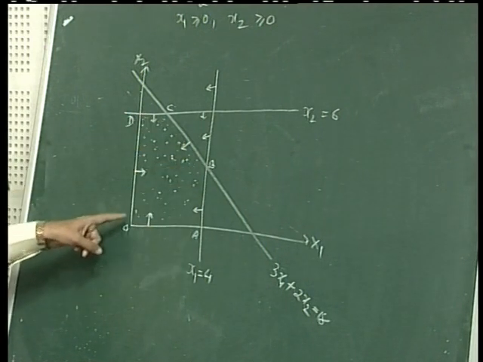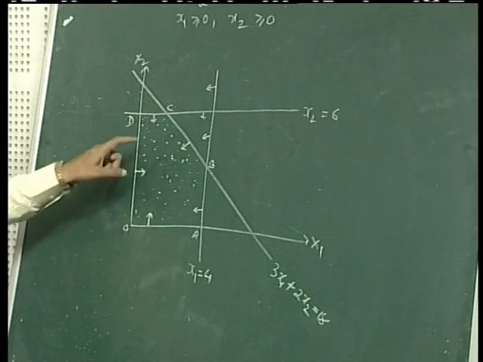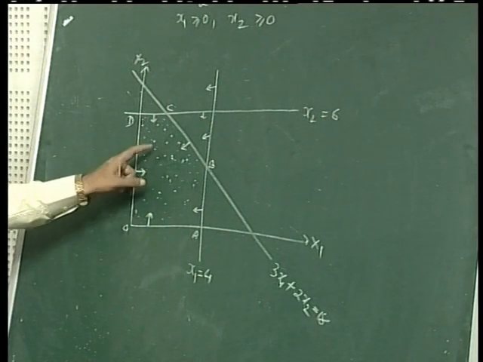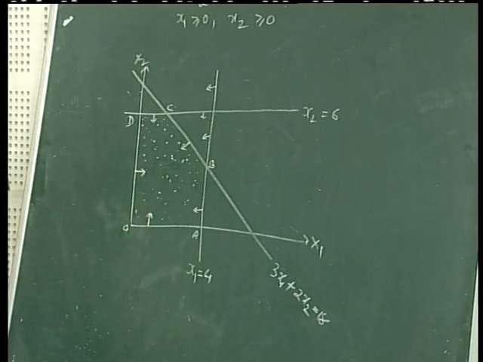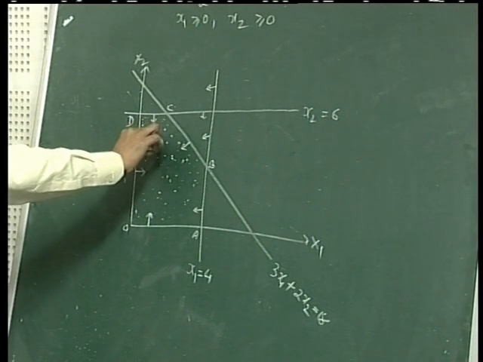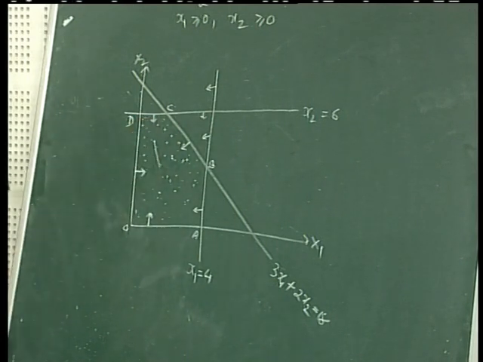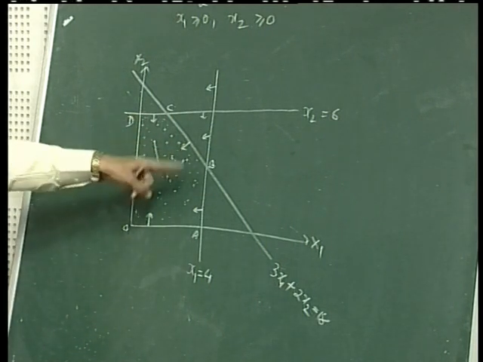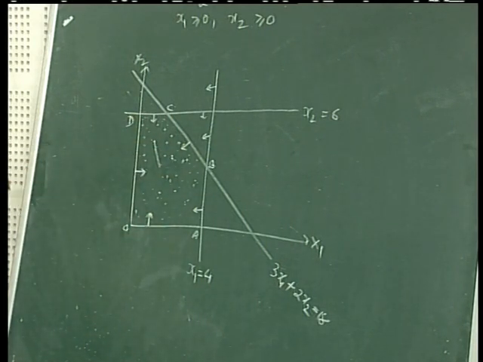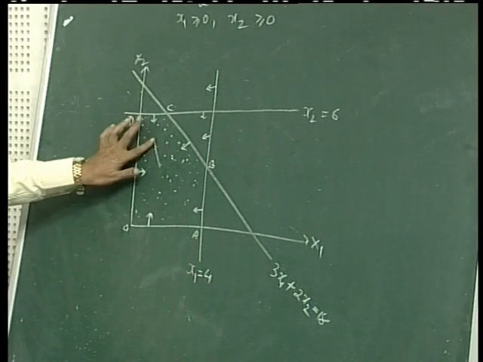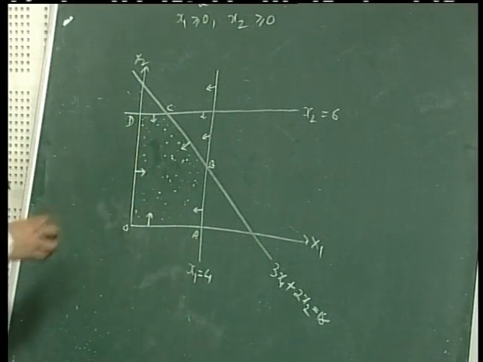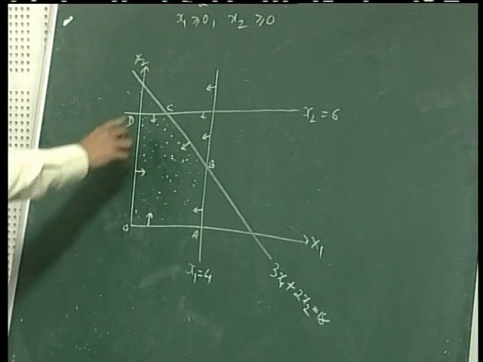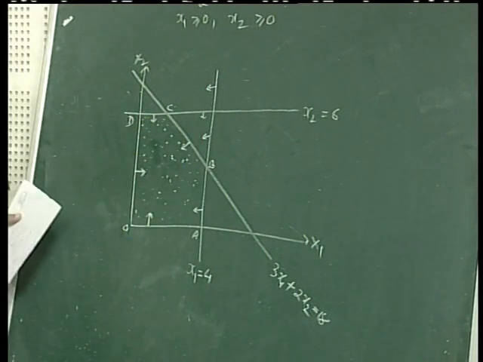A convex set is a set where if you choose any two points and join them, then the line segment joining those two points also belongs to the same set. So this is always convex if it is bounded. So a convex region is formed. This is our feasible region, and here it is a polygon type.